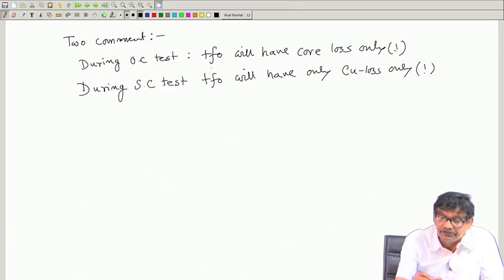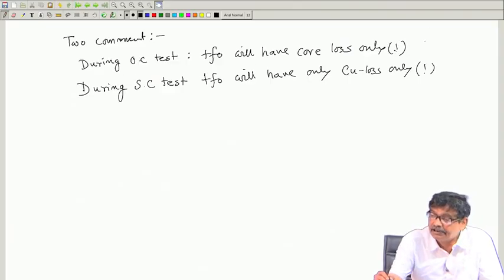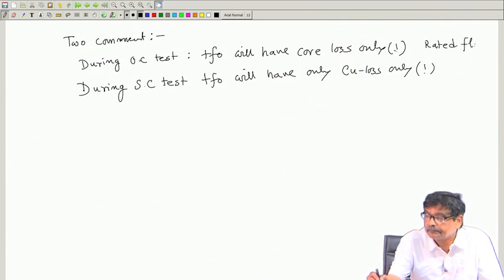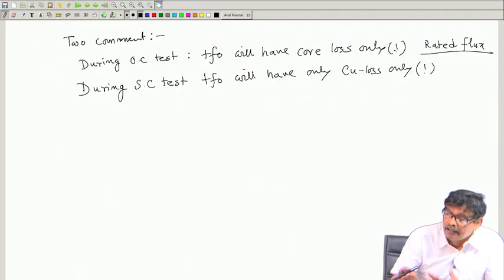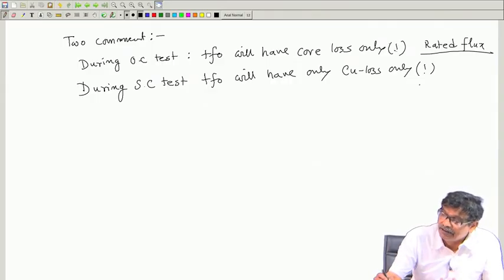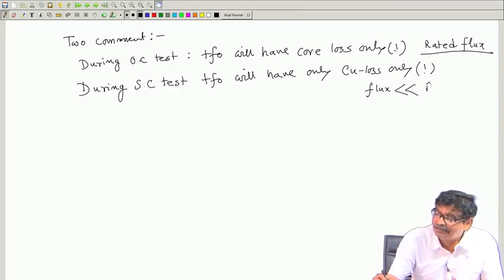Why? Because during open circuit test, rated flux, rated flux means rated flux density. Rated flux density means core loss will be at its rated value, and we will have only copper loss during short circuit test, because flux is much smaller than rated value.